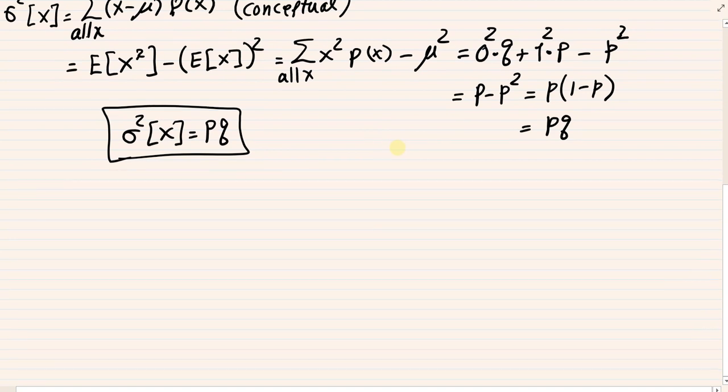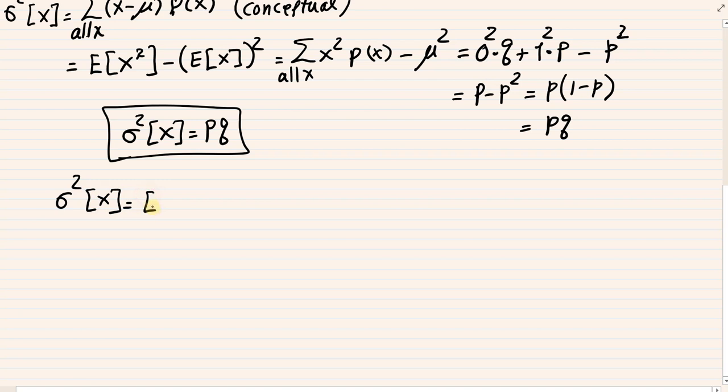Now we can also get this through the moment generating function again. Here's how I can do this. The variance, as we just mentioned, is the expected value of X squared minus mu squared.